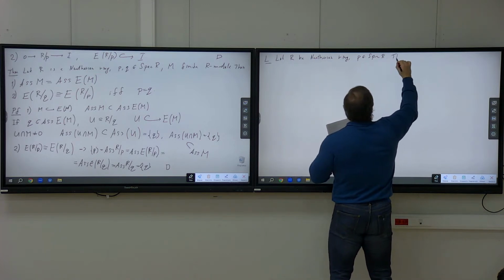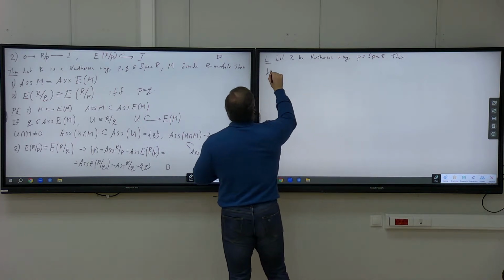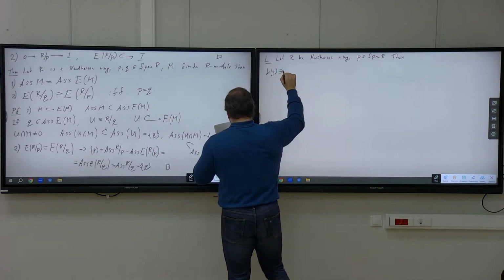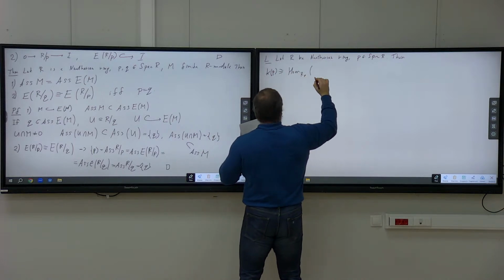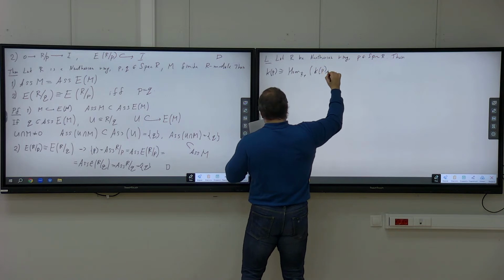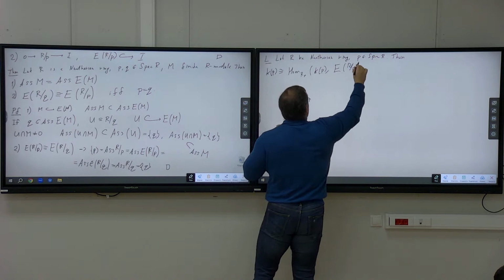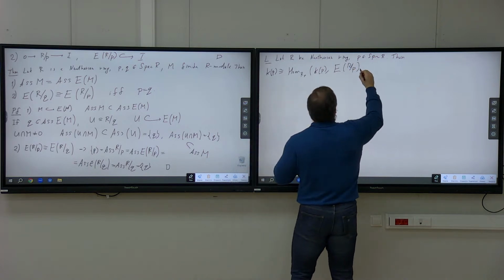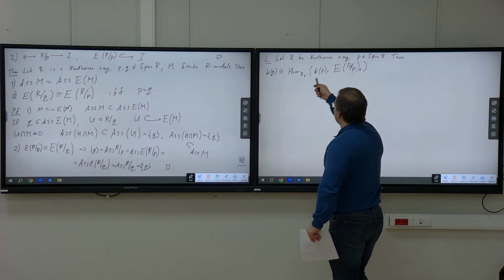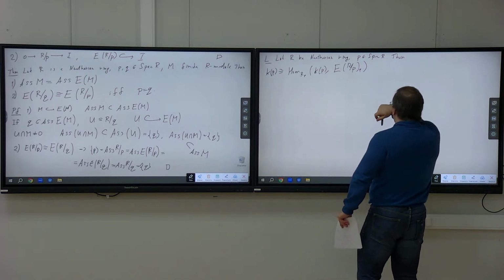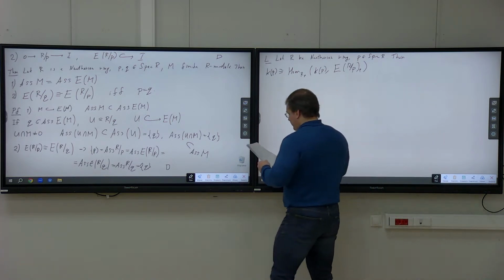Then the residue field is isomorphic to the Hom over the localization from the residue field to the injective hull of R modulo P localized at P. So in some sense I can compute this Hom, which is clearly a vector space over K of P, and it is just a one-dimensional vector space over K of P.